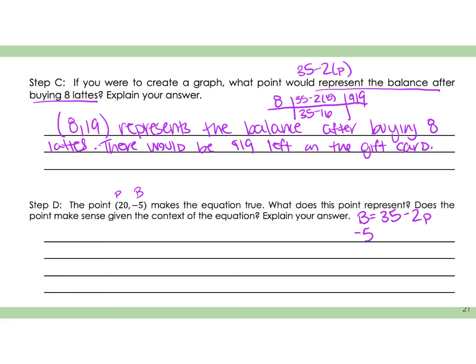So -5 does equal 35 minus 2 times 20. That is a true statement, okay? If I plugged in those numbers, when I plug them in, they work. But does this point make sense given the context? Okay? So this is why you need to understand what your points mean. So what does the point (20, -5) represent?